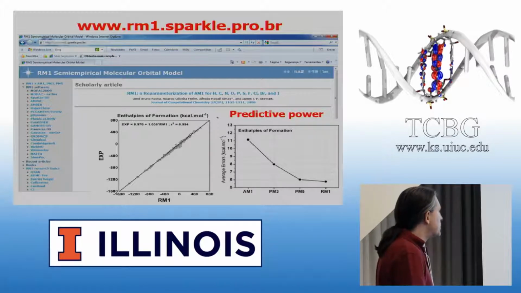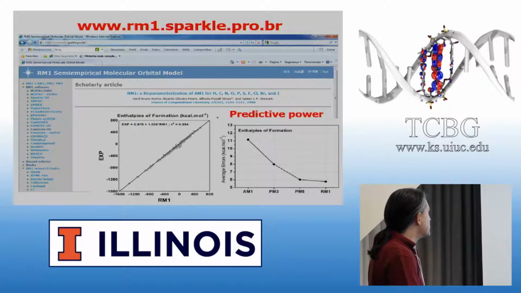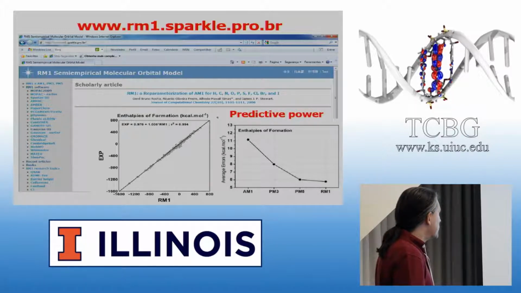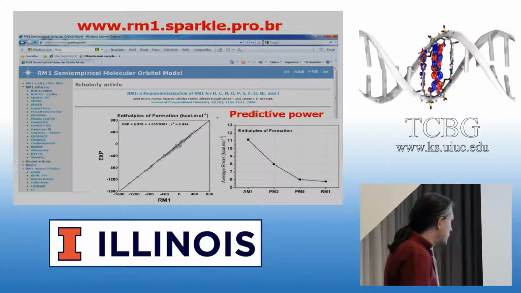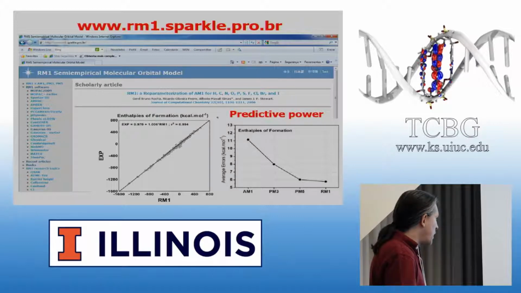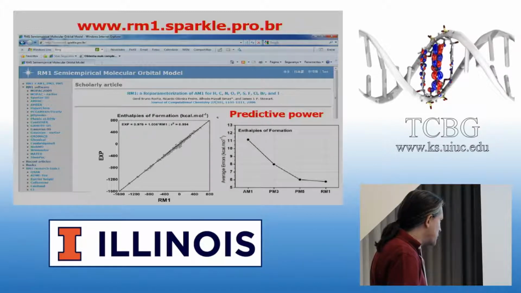You can find some improvements of the RM1 and some details on this website, but a special result for the RM1 method you can find in this figure that shows the prediction of the enthalpy of formation.